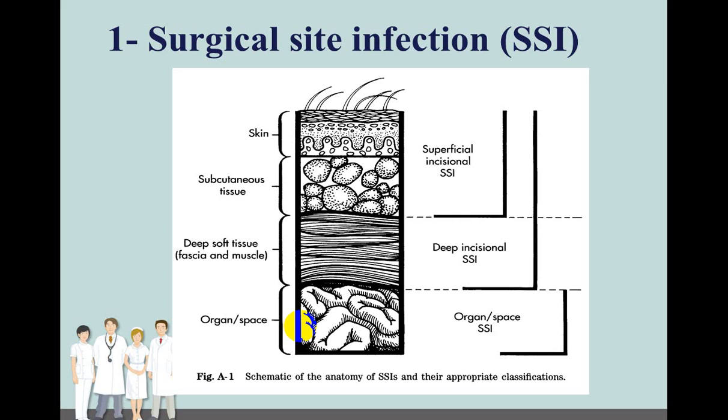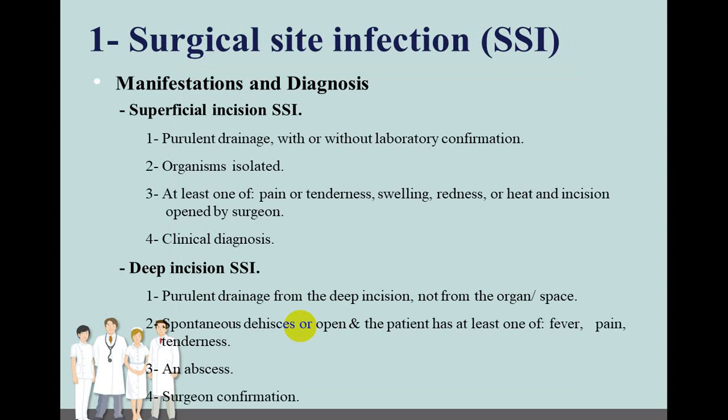Deep incisional will involve deep soft tissue, fascia and muscles, and organ or space surgical site infection will involve an organ or a space like the abdominal space. Okay.